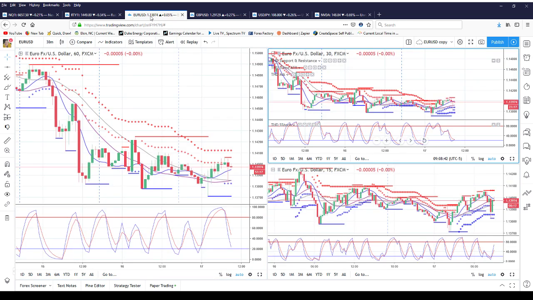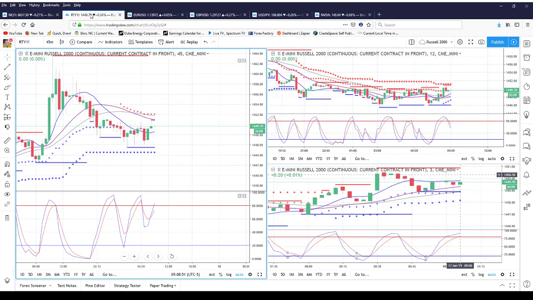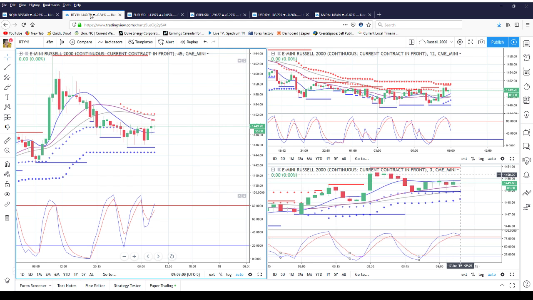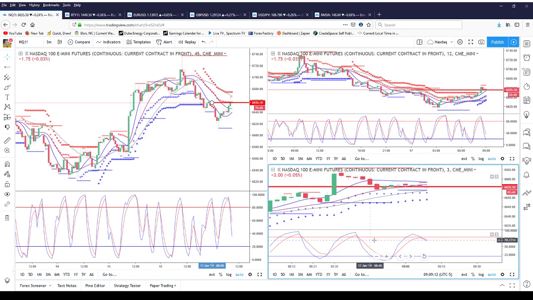Let's go over to the euro again. Would really like to see a bearish bar here on the Russell. Now we have about 20 minutes until the market opens.